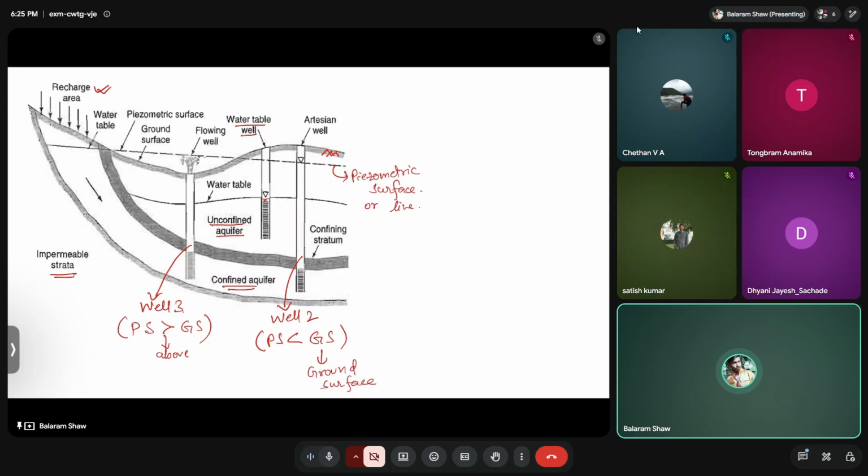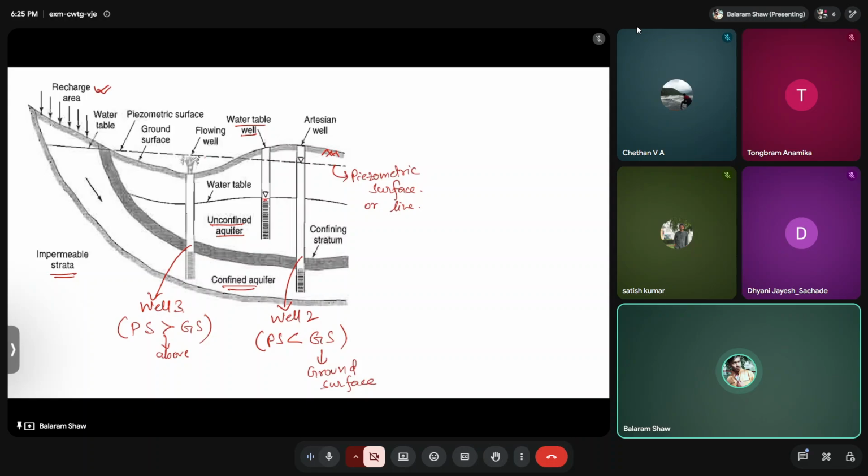This pressurized water is coming and it is flowing above the ground. That's why here we can see the elevation of the piezometric headline is above the elevation of the ground surface, and that's how flowing artesian wells are expected in those areas. Okay, so the correct answer is C. Fine. We'll move to the next question.